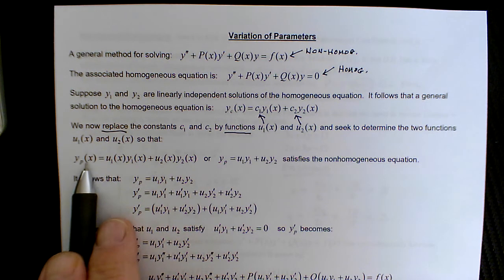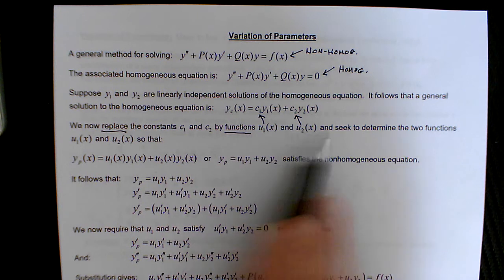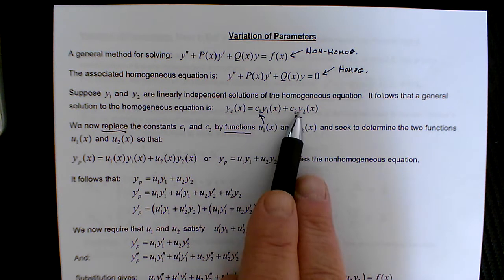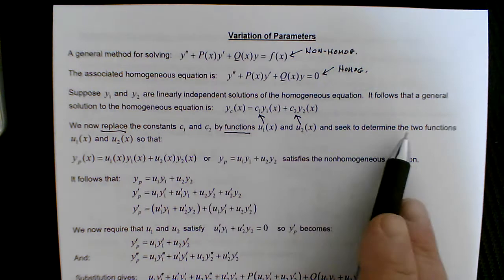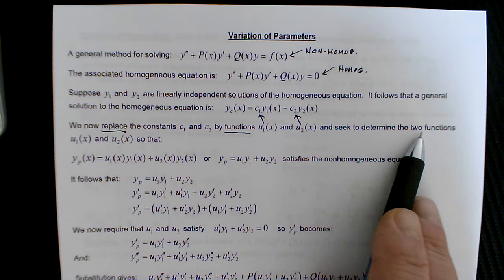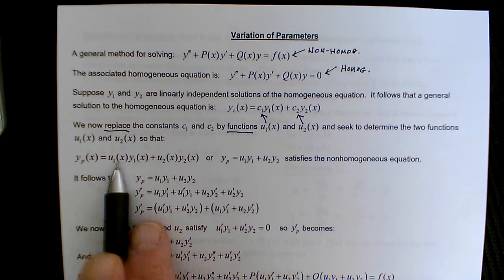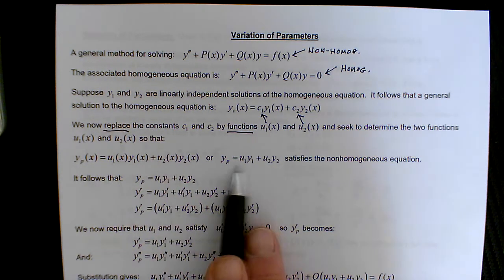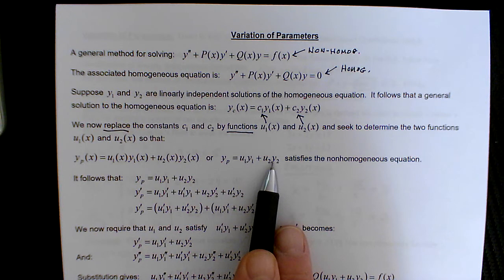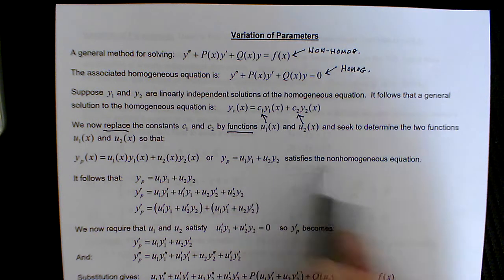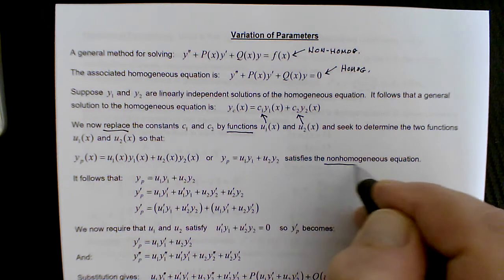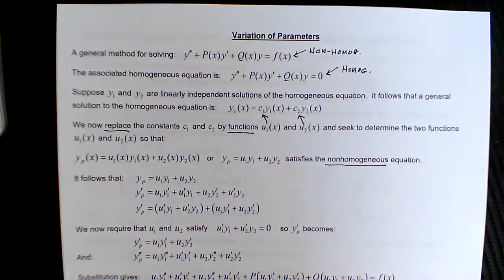We assume that by replacing those by functions, we're going to be able to find those two functions to get the particular solution. So we replace c1 by u1, c2 by u2. Again, now we'll drop the functional notation, and we assume it satisfies the non-homogeneous differential equation.